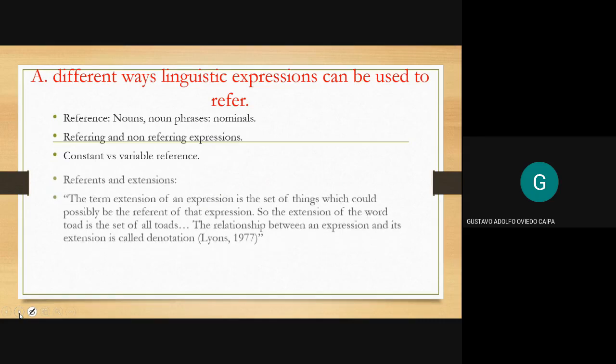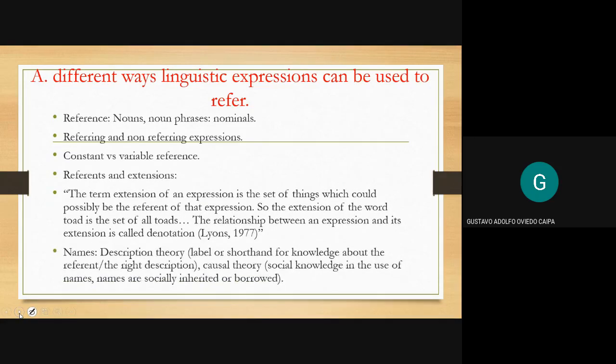All right, we talked about this in the classroom. We said that reference uses nouns and noun phrases, which we call nominals, that we have referring and non-referring expressions, that we have constant versus variable reference, and that we have reference and extensions. So about referring and non-referring expressions, remember that there are some cases where you use language in order to connect with something in the world specifically, and there are some cases where you speak in a more general way and you're not trying to connect to anything in the world.